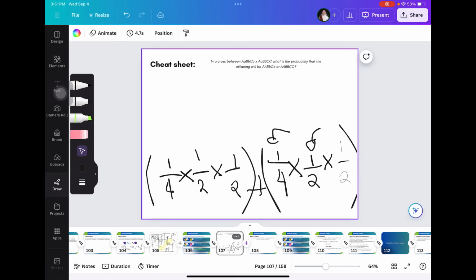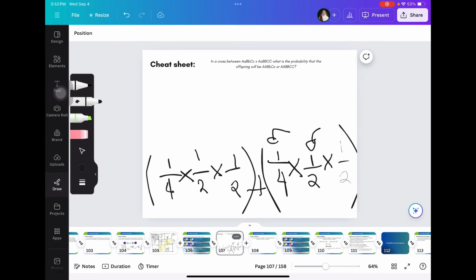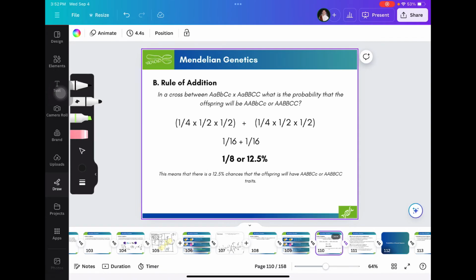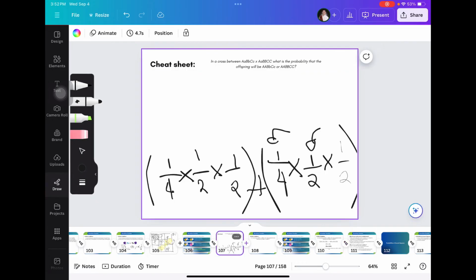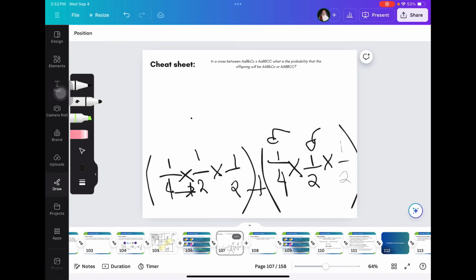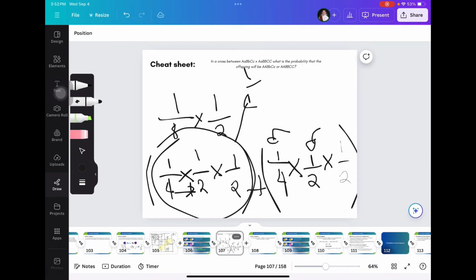So anyways, I'm just going to calculate: 1/4 times 1/2 times 1/2 plus 1/4 times 1/2 times 1/2. The answer is this one, as you can see. So 4 times 2 is 8, times 2 is 16. So this one is 1/16. We have the same numbers here, so this one is 1/16 as well.